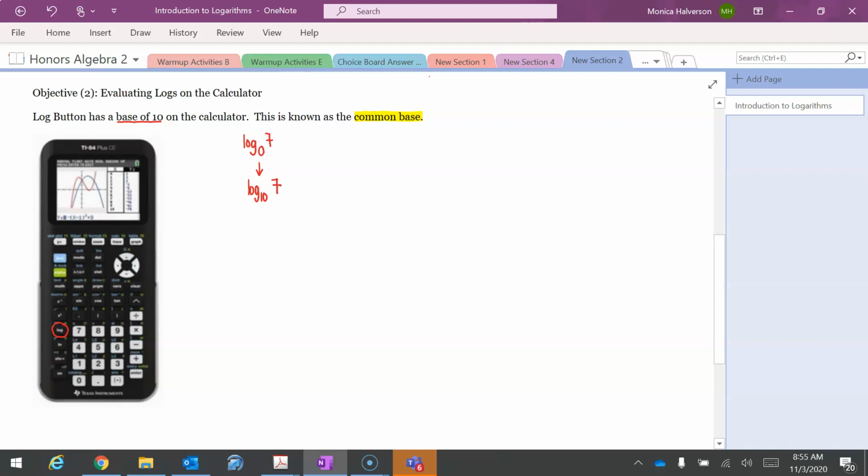And then you could use that button on your calculator to solve it. And you would get 0.8451. Now, a key thing about logarithms is you always round to the 4th decimal place.